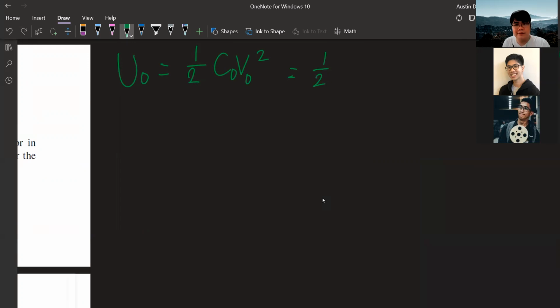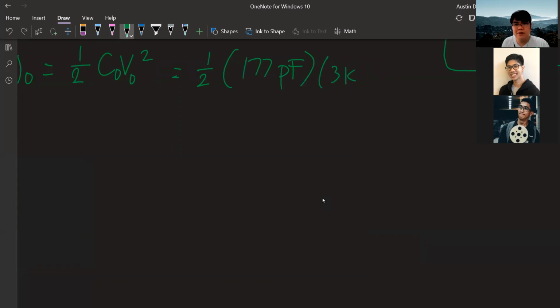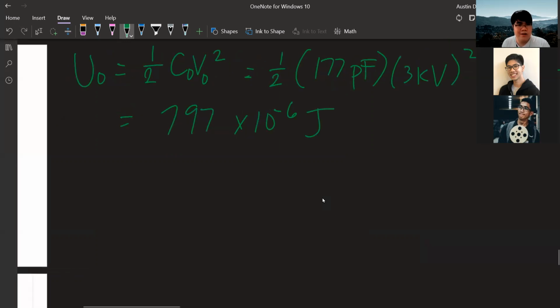So 1/2 ng 177 picofarads. So ito yung mga previous na sagot lang natin. We're just gonna collect them. 3 kilovolts squared. So this is 7.797 times 10 to the negative 6 joules or microjoules. Then, kapag nilagyan mo na siya ng dielectric, ang mangyayari ay magiging 1/2 C V squared.